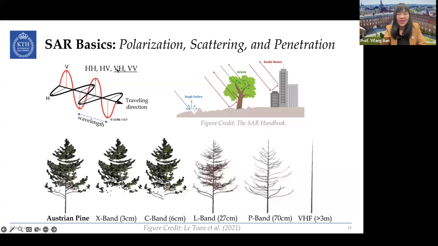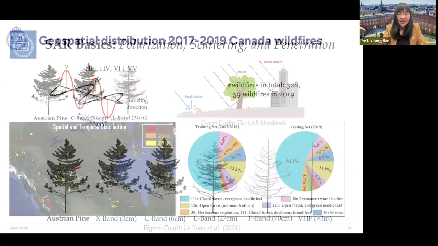SAR also has 4 different polarizations, and you can see here how SAR interacts with different terrain features. So I will not say more.